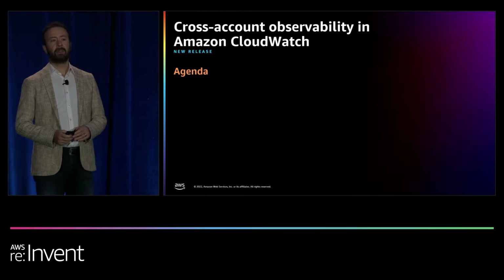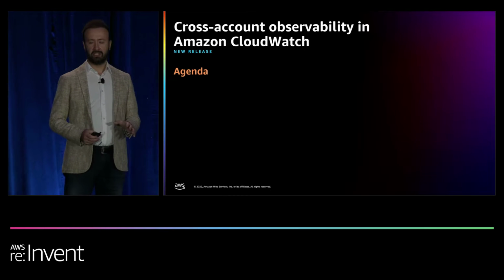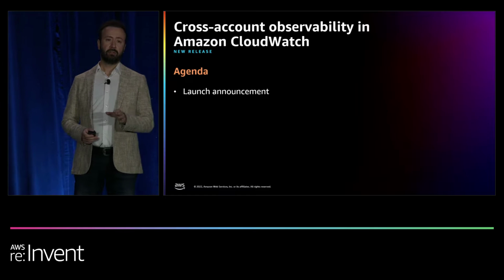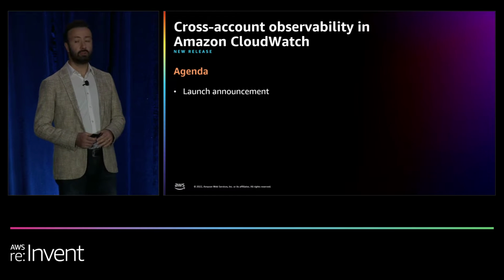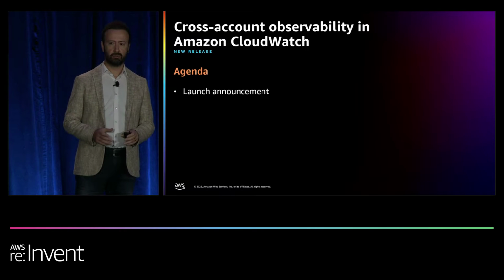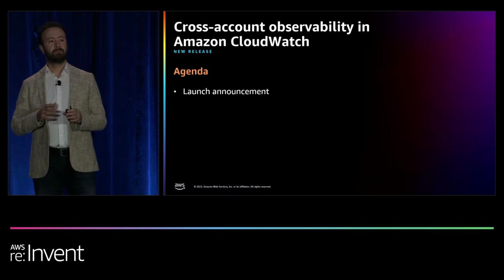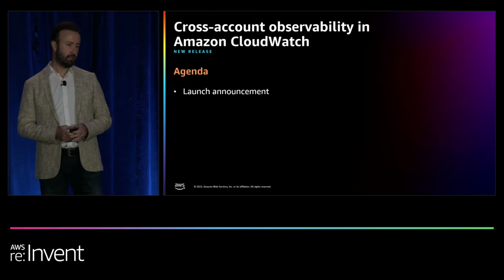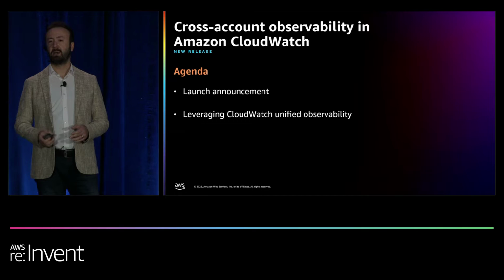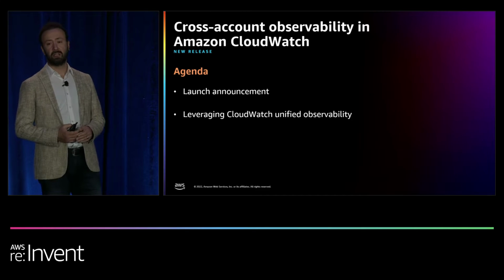In our agenda, we will first start with your challenges in centralized monitoring. And afterwards, we're going to go through the benefits of Amazon CloudWatch Cross-Account Observability and how it helps you to monitor and troubleshoot your applications that span across multiple AWS accounts. And later on in the session today, I'm going to be joined on the stage by Anthony Giles from JPMorgan Chase.